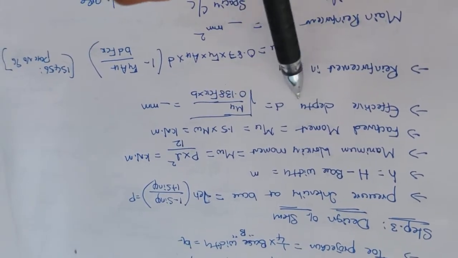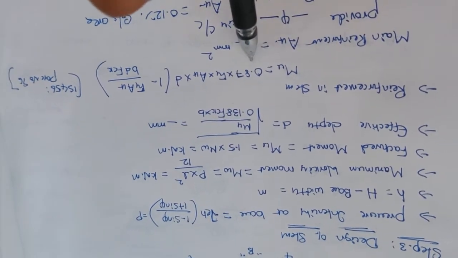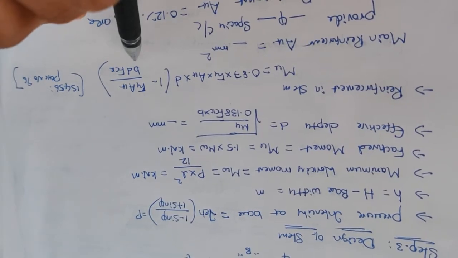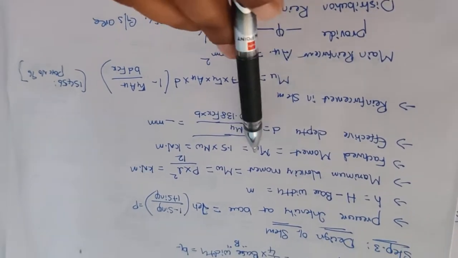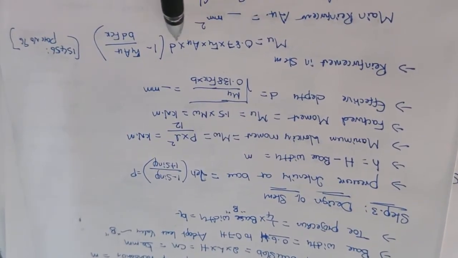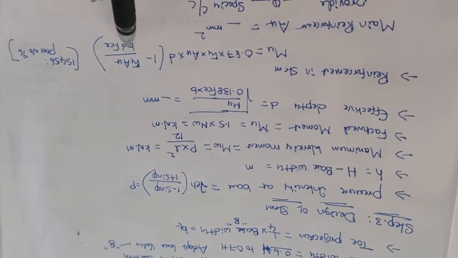After finding the depth, you have to find the reinforcement in the stem. Mu is equal to 0.87 fy Ast d into 1 minus fy Ast by b d fck. Here you know Mu and fy from step 1, Ast is unknown, the d value you found here, and b is per meter, 10 cube.